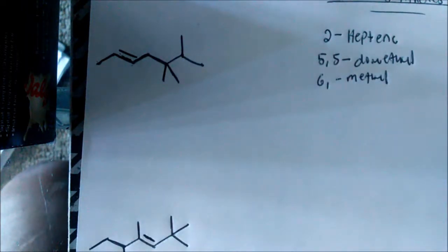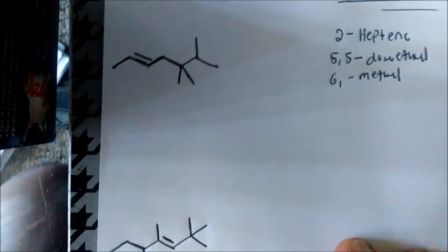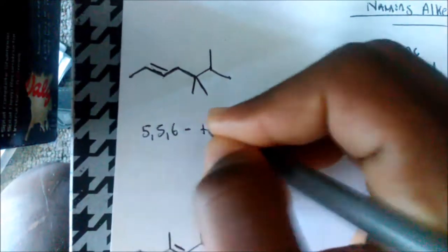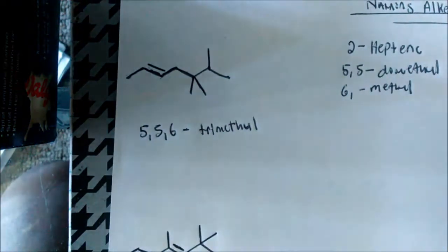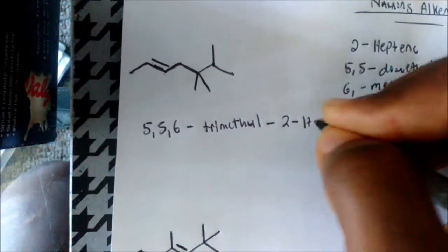And because we have 3 methyls here, now we can combine it and squash everything together. So for the substituents, given the whole name now, this would be 5,5,6. We have 3 methyls, so we're going to simplify that and say this is trimethyl. Right? Then we have a dash, 2-heptene.